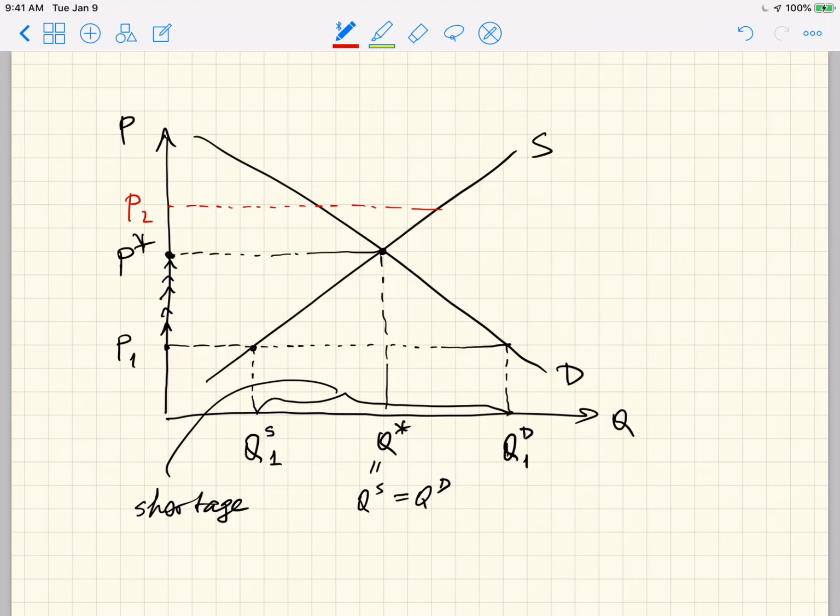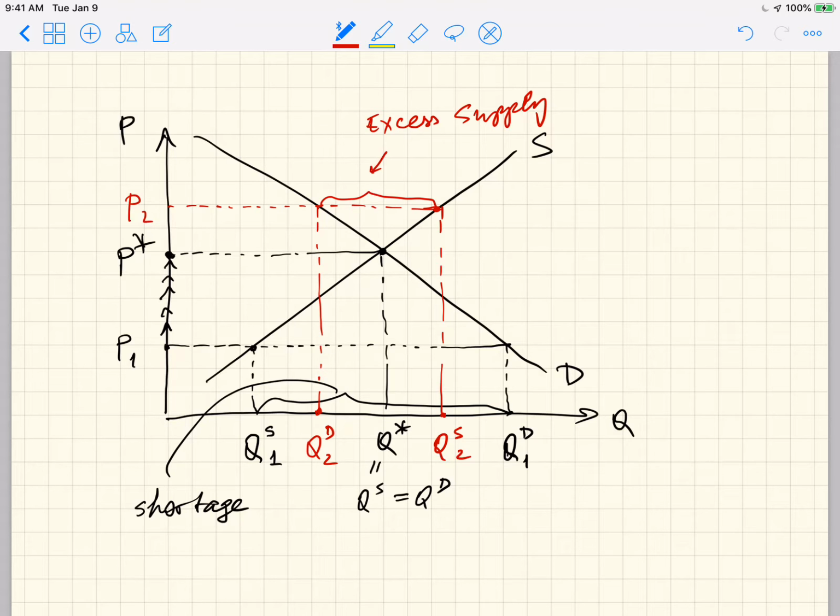So at this price, quantity demanded is here, QD2, and quantity supplied is here, so QS2. And again, we have a mismatch, but now quantity supplied exceeds quantity demanded. So we can call it an excess supply.